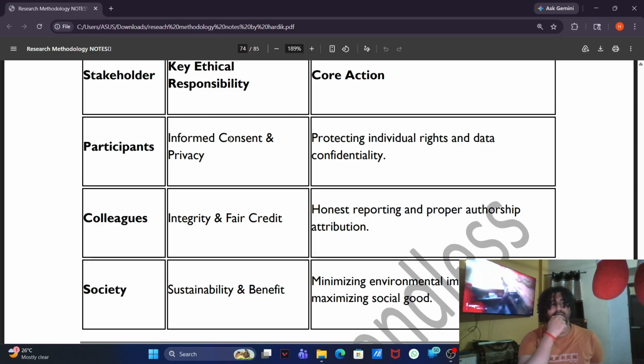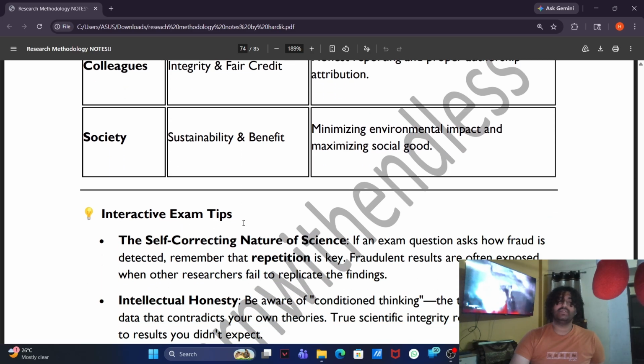For colleagues: integrity and fair credit, with honest reporting and proper authorship attribution. Society: sustainability and benefit, minimizing environmental impact and maximizing social good.